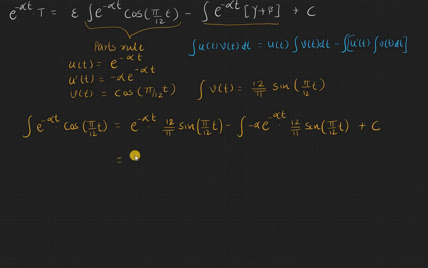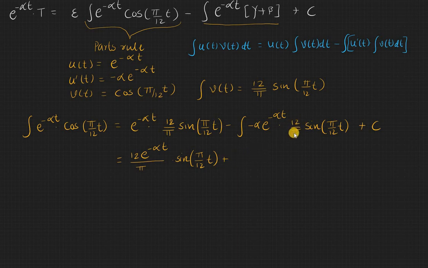So this should be 12 e to the power minus alpha t divided by pi, we have sine here, so this is t, then this minus and this minus will become plus.